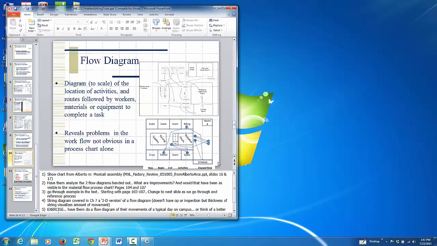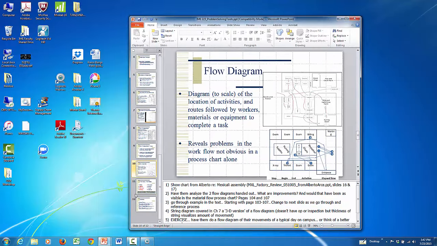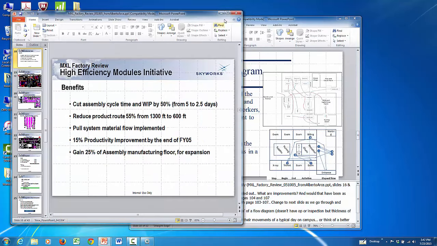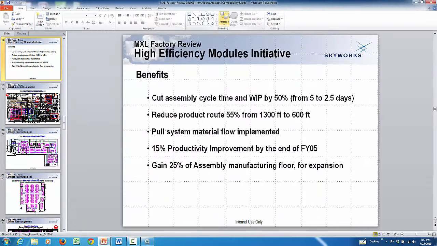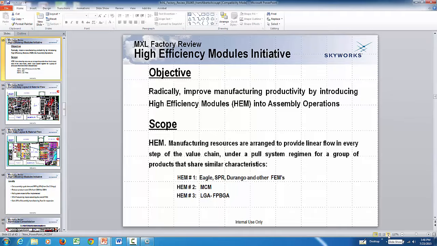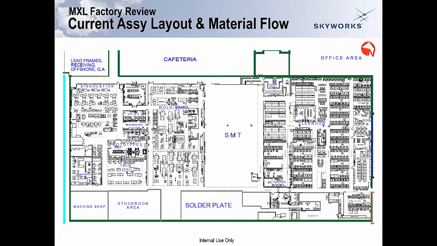I'm going to give you an example of one here from when I was in industry, to give you a view that it actually is looked at in industry. The Mexicali factory that I worked in, and you can see this is the layout of the factory, and then the spaghetti diagram or flow diagram is going to appear right before your eyes.